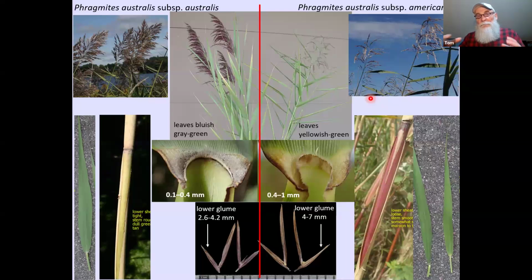It can get about 3 times as big as the native subspecies. The typical height for the native subspecies is a couple meters or so, but the non-native one can get as much as 6 meters, about 20 feet. So it can get much, much bigger.